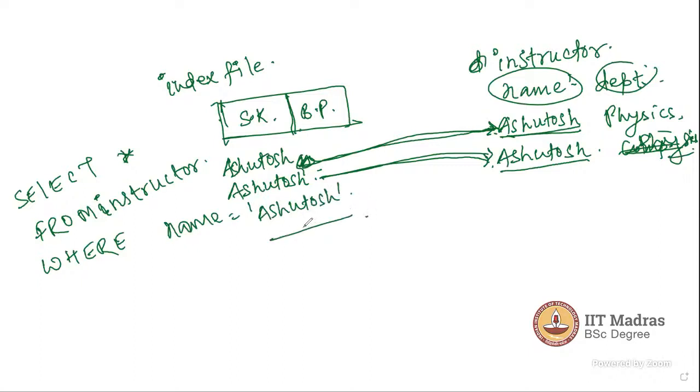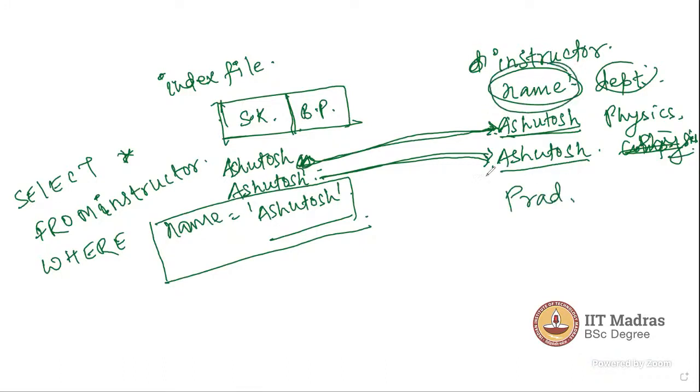If you want to apply this again and again, suppose name equal to Pradeep, you are using this particular column again and again. That's why you create an index for that column. That is the use of indexing, retrieval.